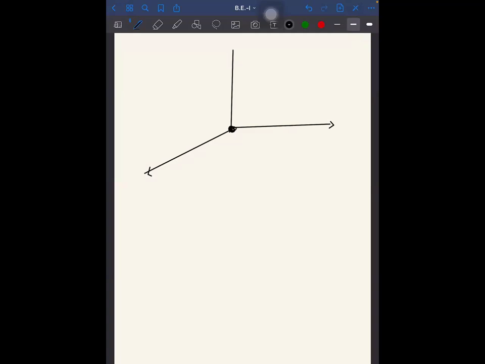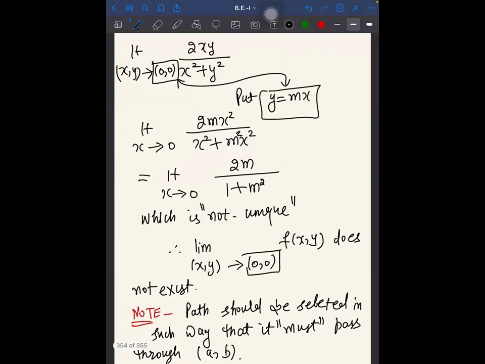Of course, all straight lines I've taken with different slopes, but they must pass through the testing point. And testing point is what? Here, 0, 0, at which we want to prove that the limit does not exist. Okay?